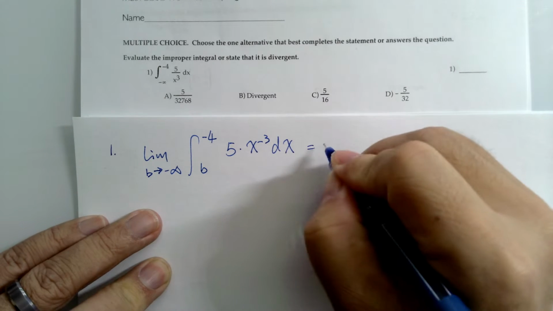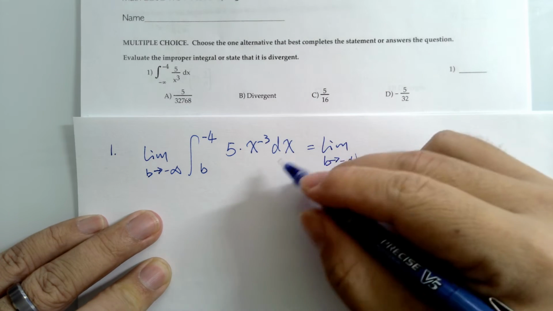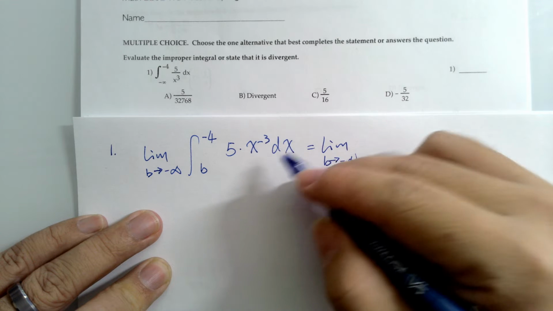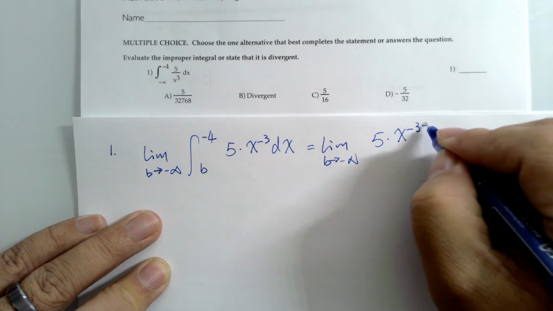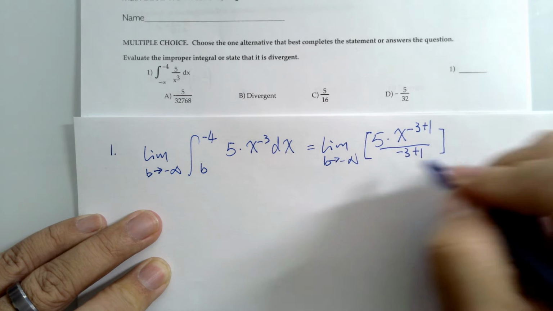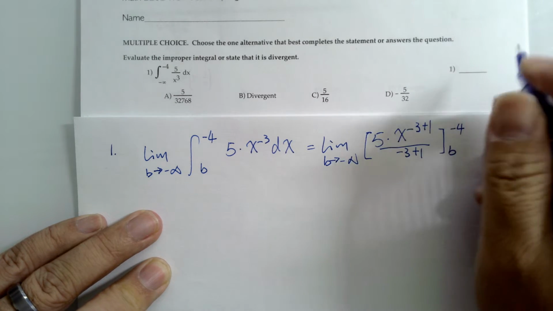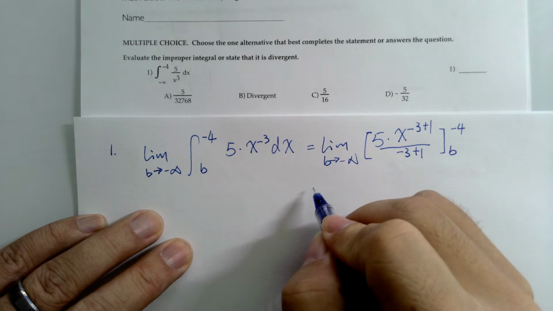And so you've got the limit as b goes to negative infinity. To integrate this is going to be 5 times x to the power of negative 3 plus 1, over negative 3 plus 1, right? Evaluate from b to negative 4. So yeah, that is exactly what we want.